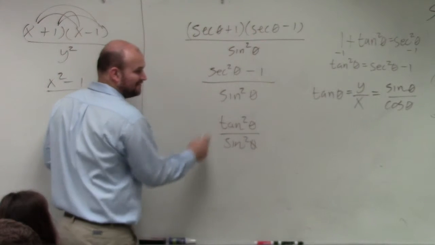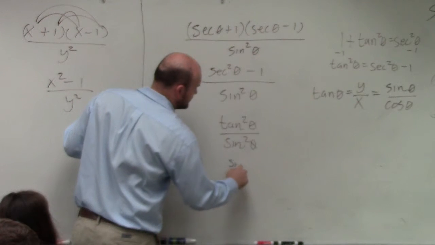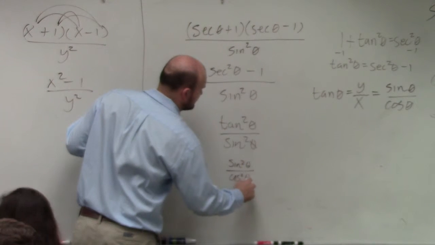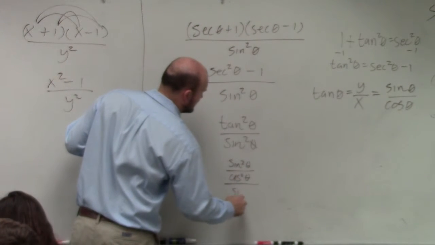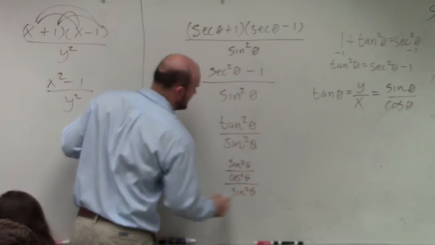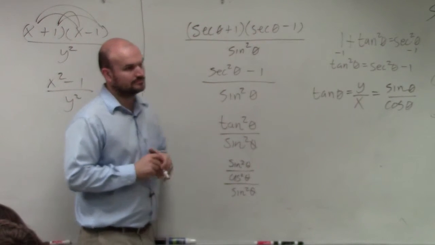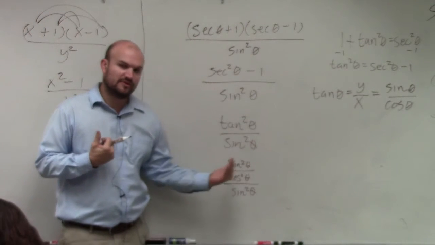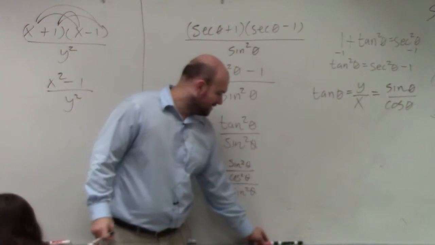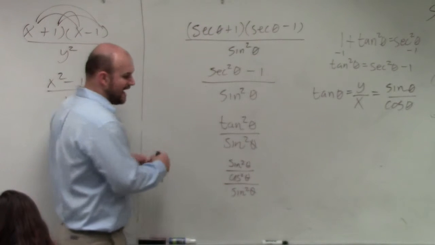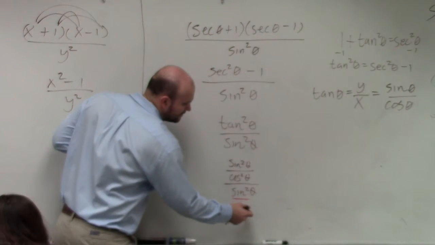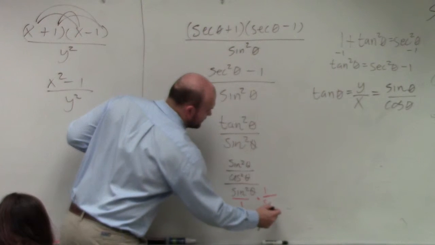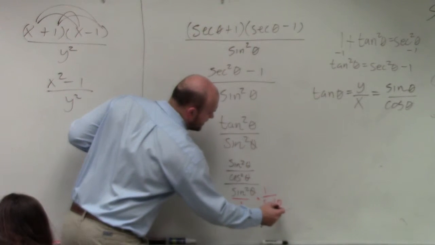So tangent squared of theta is equivalent to sine squared of theta over cosine squared of theta, divided by sine squared of theta. Well, to make further sense of this, if you need to simplify this now, I would write it over 1. So therefore, I could reason, oh, multiply by the reciprocal, which Mr. McLogan says all the time.